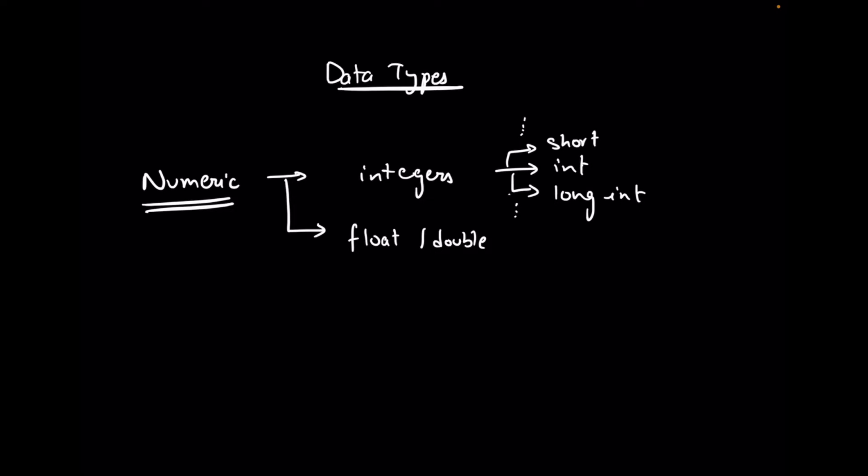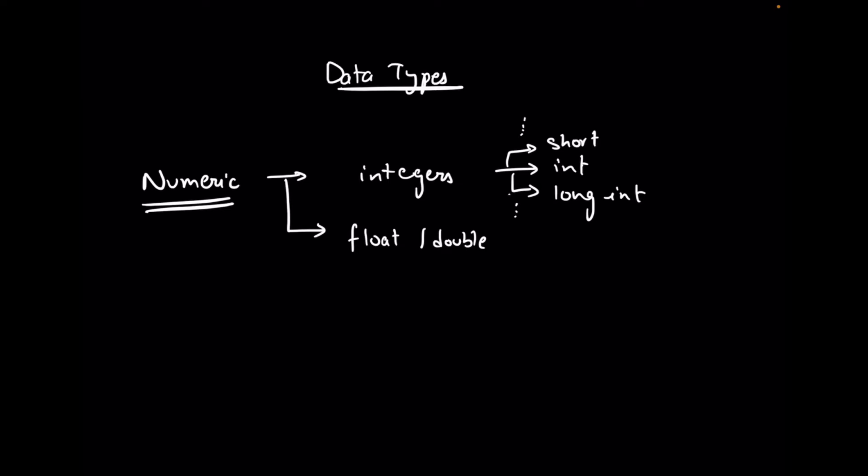The second type of numeric data types is float. Float data types are numbers that do have decimals. For example, minus 4.666. This would be a float or a double data type. In some programming languages, the integer data type is further classified into more data types based on the size of their magnitude.